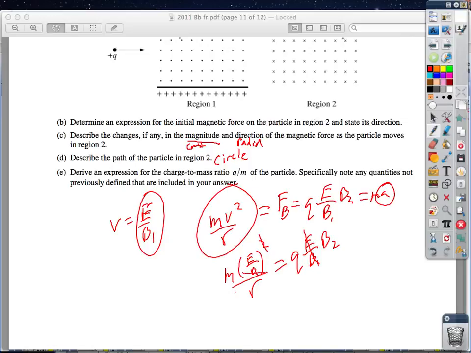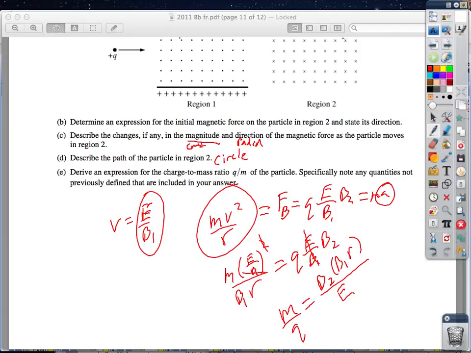And then this B1 is over there. So then that means m over q is going to equal B2 times B1 times R over E. I think if I've done my math correctly.